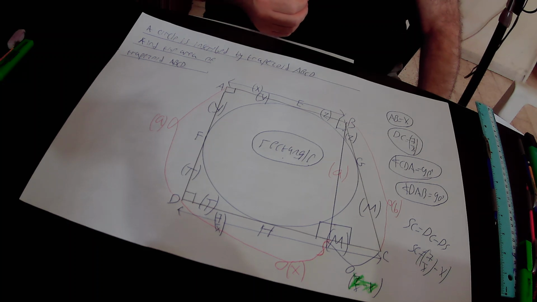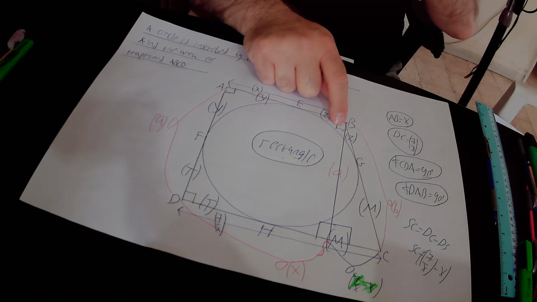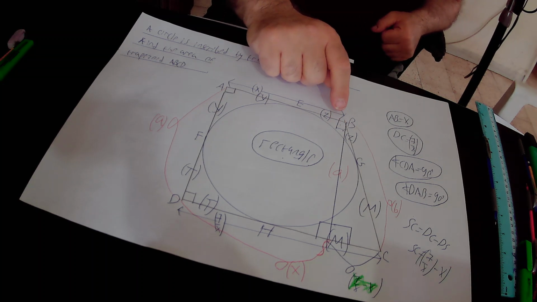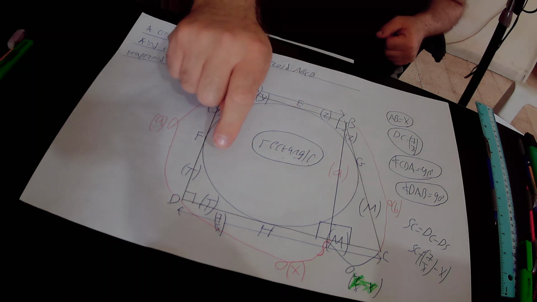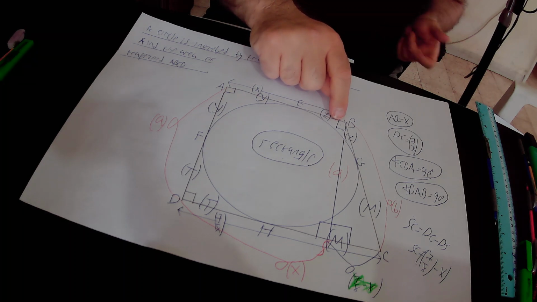So 270 degrees plus the size of this fourth missing angle in total must be equal to 360 degrees, according to the rule that the sum of the angles in any quadrilateral is equal to 360 degrees. Therefore, this fourth missing angle must be equal to 90 degrees. Why? Because 270 degrees, the sum of the other three angles, plus 90 degrees is 360 degrees.